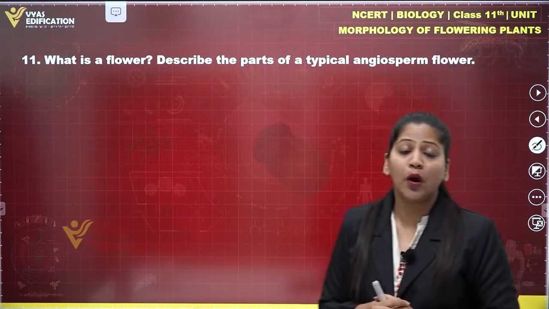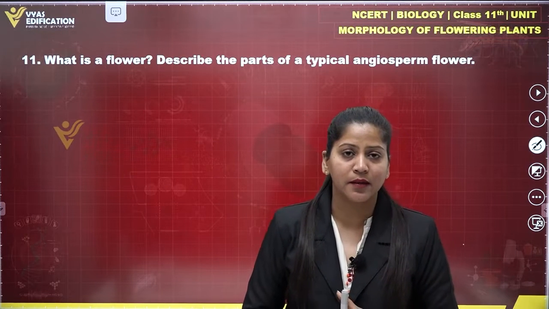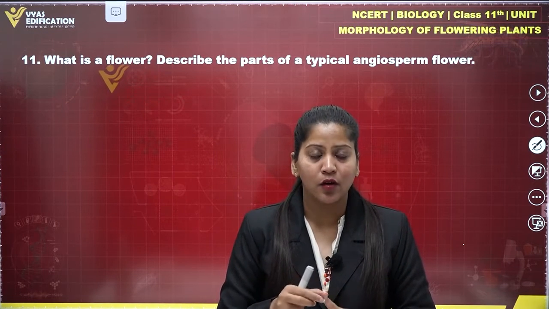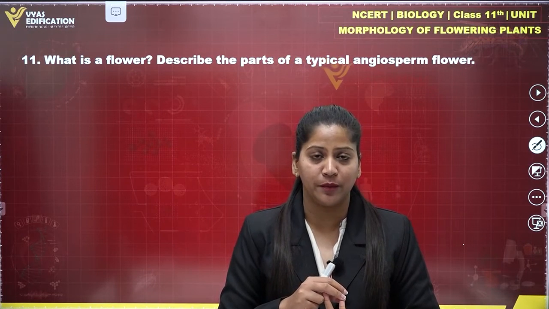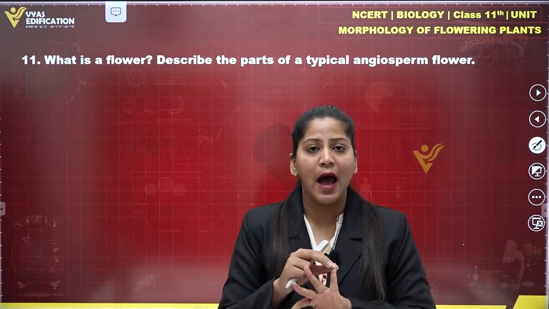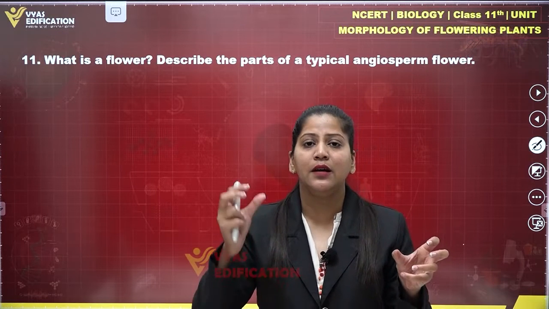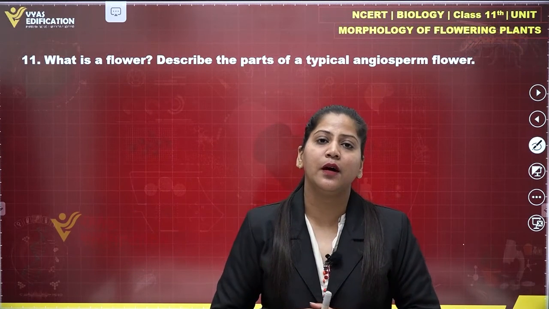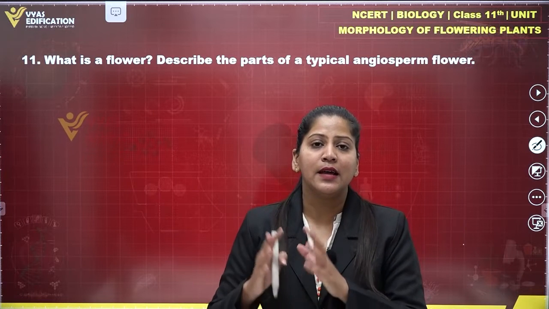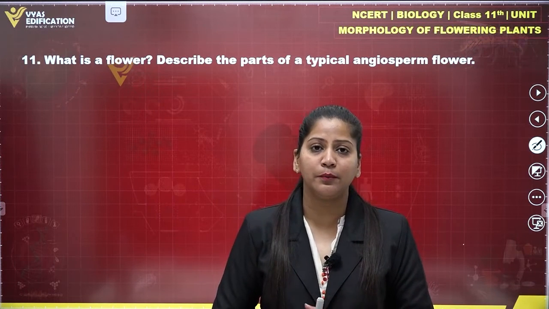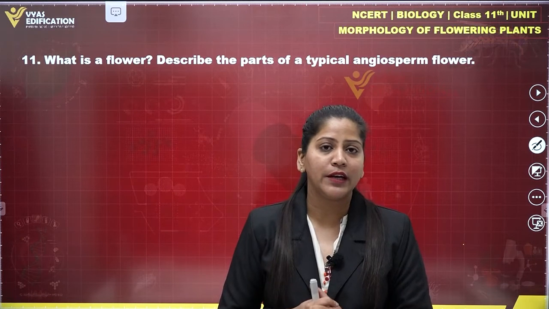If we talk about what are the typical parts of any angiospermic flower, then there are 4 basic parts of a flower, that is calyx, corolla, that means sepals and petals, along with gynoecium and androecium, that means pistil or carpel, and stamen, which represent the female and male reproductive structures, whereas the petals and sepals are present in the flower or flowering bud just to provide protection and attract the pollinators or pollinating agents.